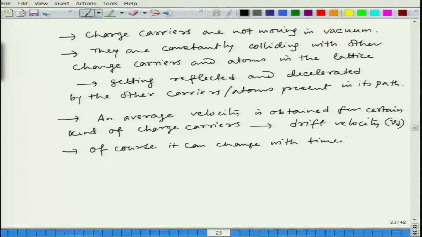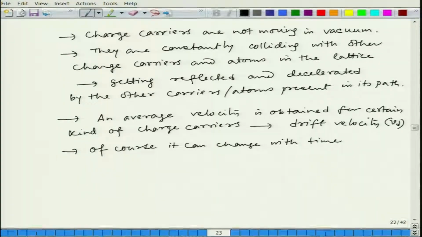So, there might be some net acceleration on average for all the electrons, then you will have an increasing drift velocity with time. Okay.